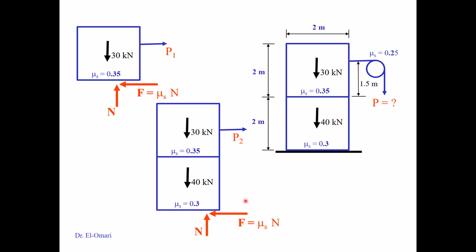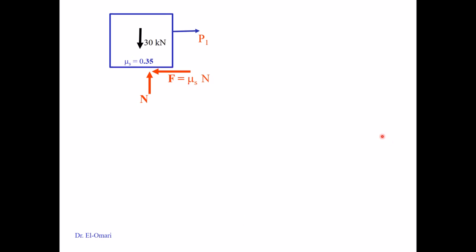In that case, we analyze it as one unit, and we don't need to worry about this friction force, about this coefficient. Once we find both, we take the smallest one, because that is the case that will happen, and then continue the calculation to find the value of P and answer the question. So we start analyzing with that case.